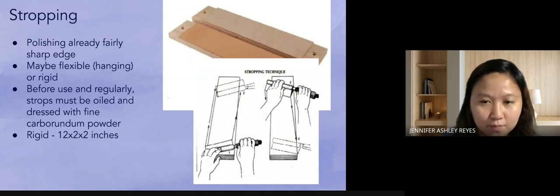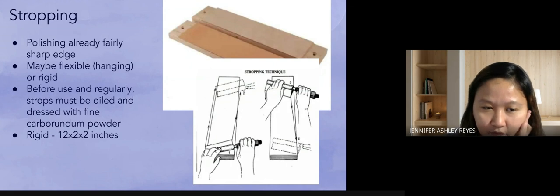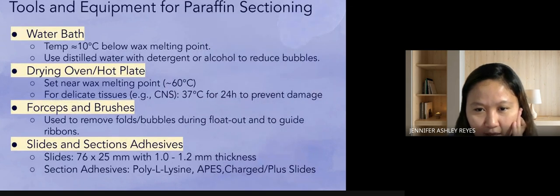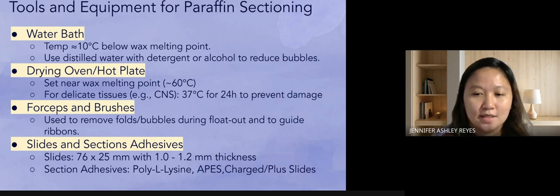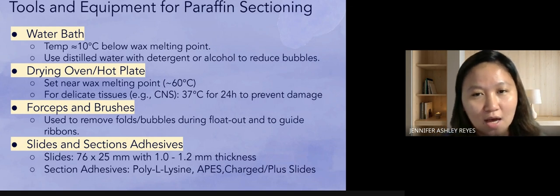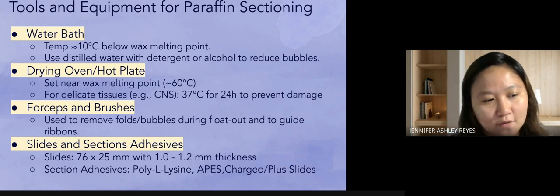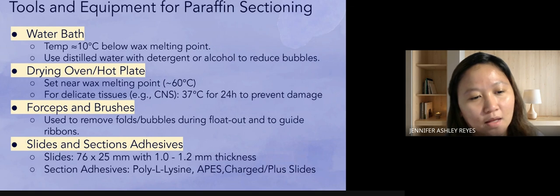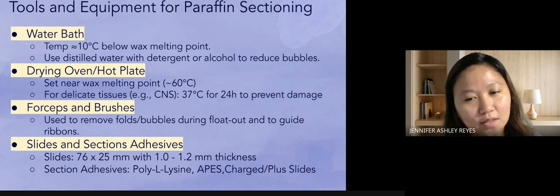Aside from the knives, we also have other essential equipment for sectioning. We have the water bath, drying oven and hot plate, forceps and brushes, the slides and the section adhesive. You actually have an idea because you have seen these now in the laboratory.